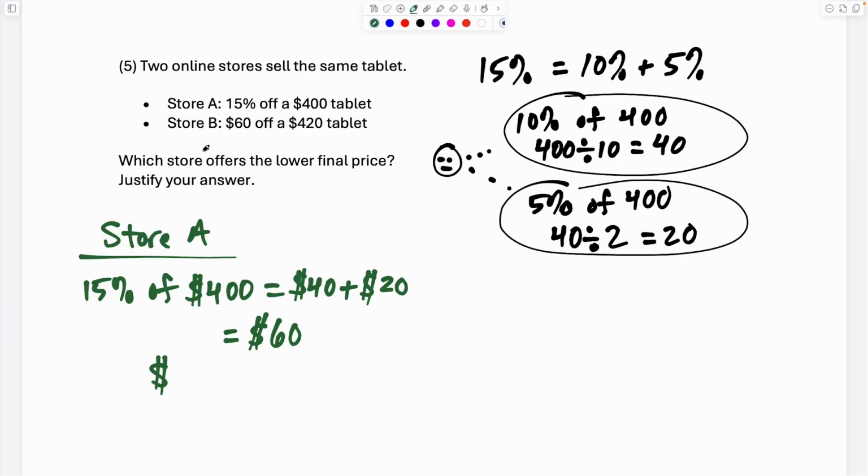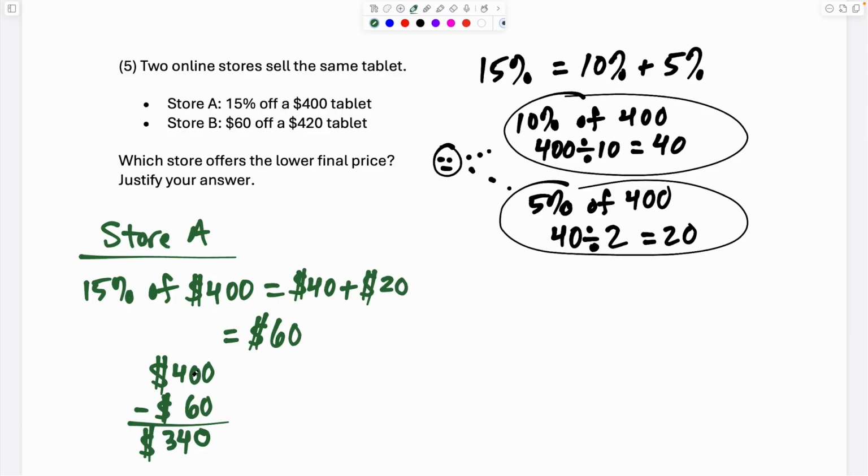Taking 15% off means we're subtracting it. So we take 400 and we subtract the 15%, which was $60. Now 0 minus 0 is 0. And if you know this nice shortcut, you could just do 40 minus 6 is 34. So we get $340 for the price of the tablet at Store A.